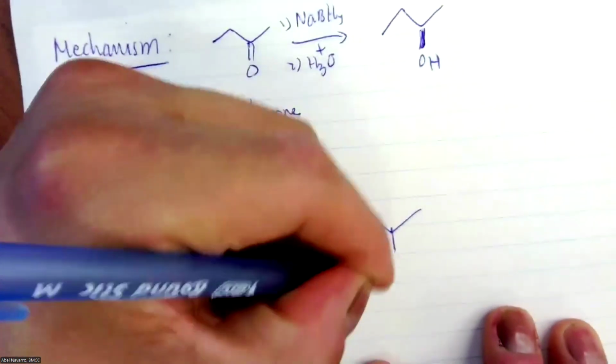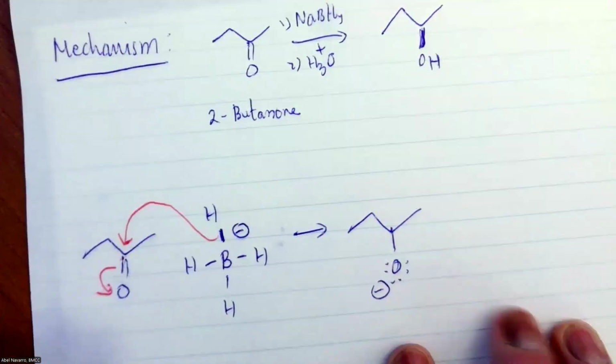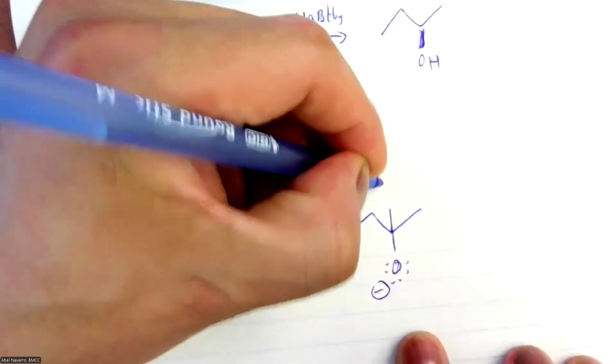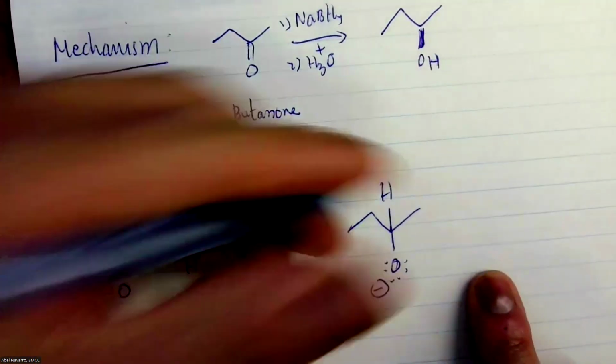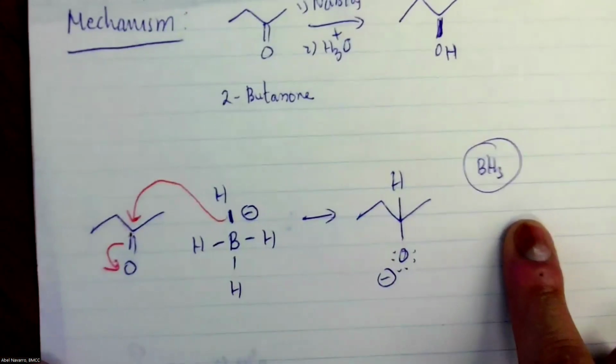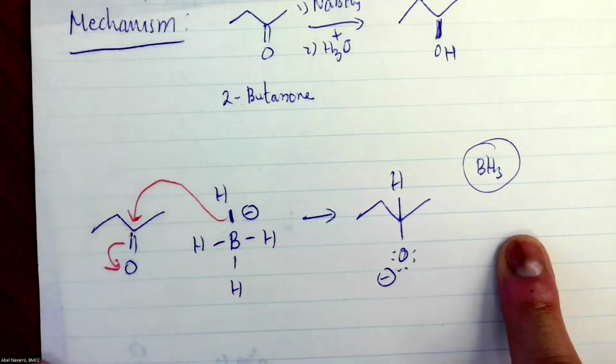What happens next? The oxygen is now O minus. This H got added here. What happened with the boron? Well, the BH3 just leaves neutral. That's a side product, BH3.